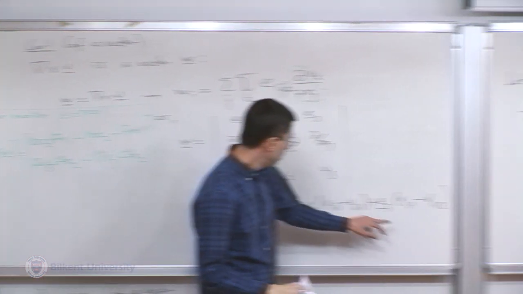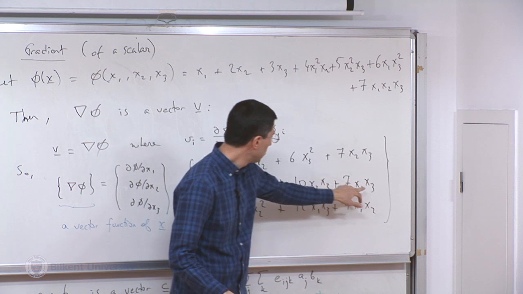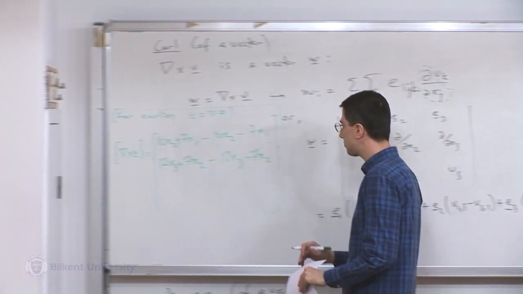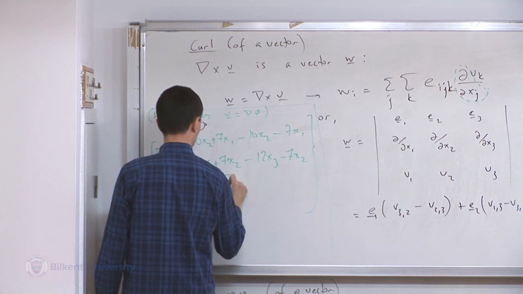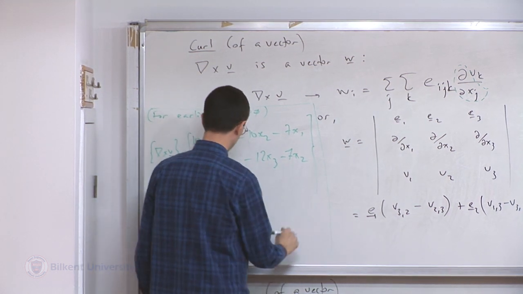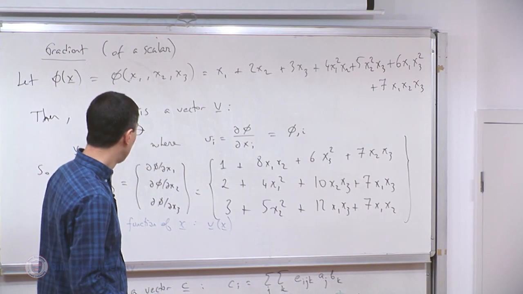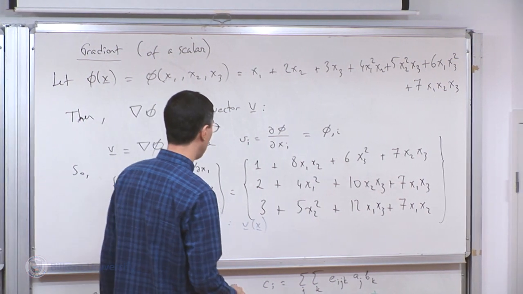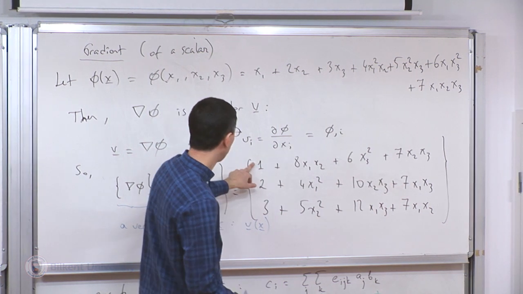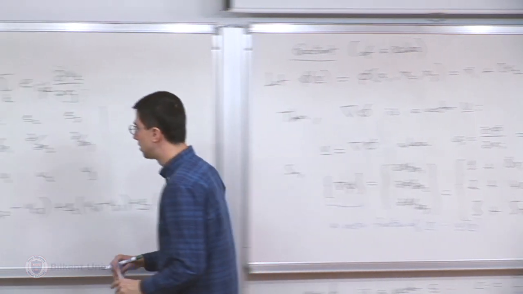And then the last one, V2, comma 1 minus V1, comma 2. 2, comma 1, 8x1 plus 7x3. And then 1, comma 2, 8x1 plus 7x3.